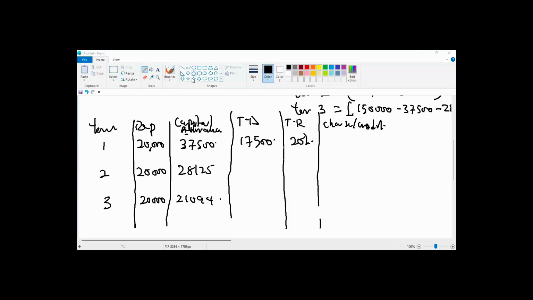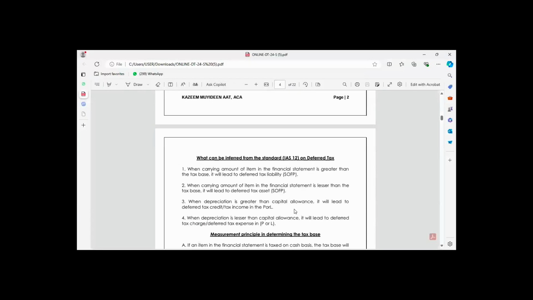When depreciation is greater than the capital allowance, it will lead to deferred tax credit or deferred tax income.